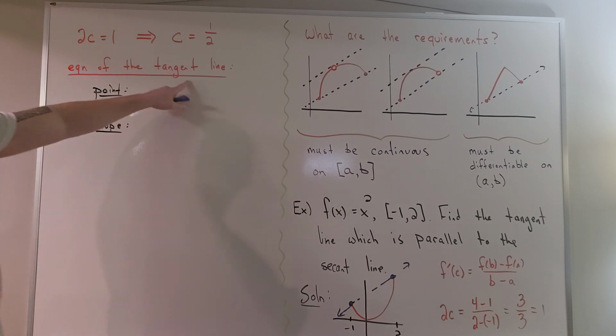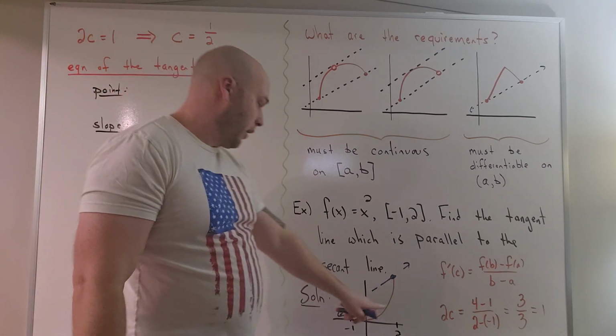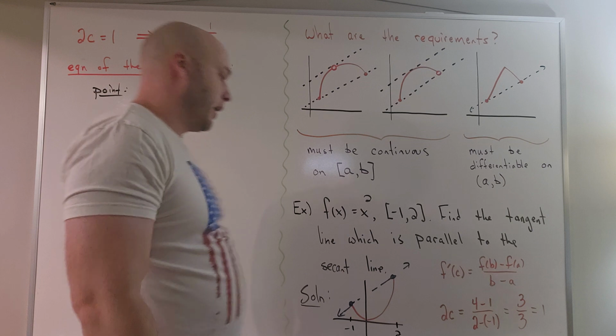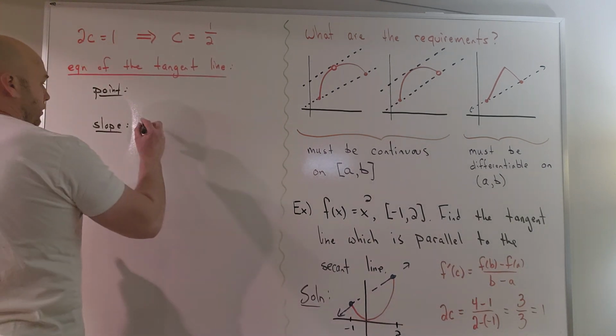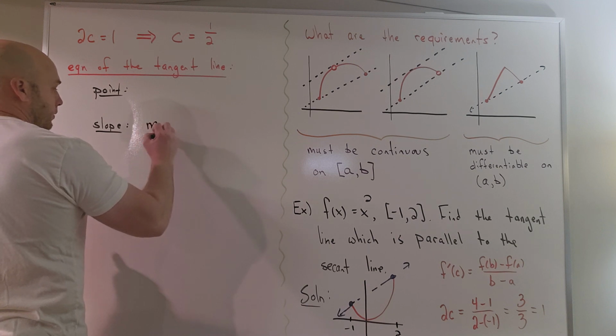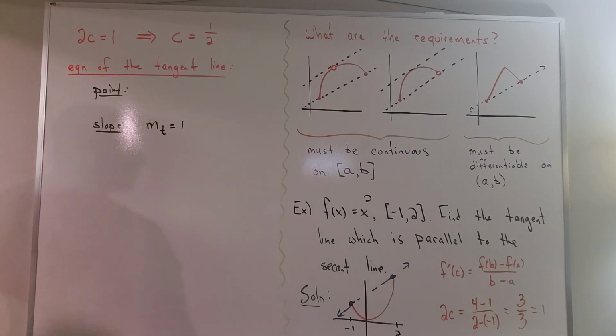Well, the tangent line that we're trying to find is, of course, parallel to the secant line, and the secant line has slope 1. That means that the slope of the tangent line is 1.